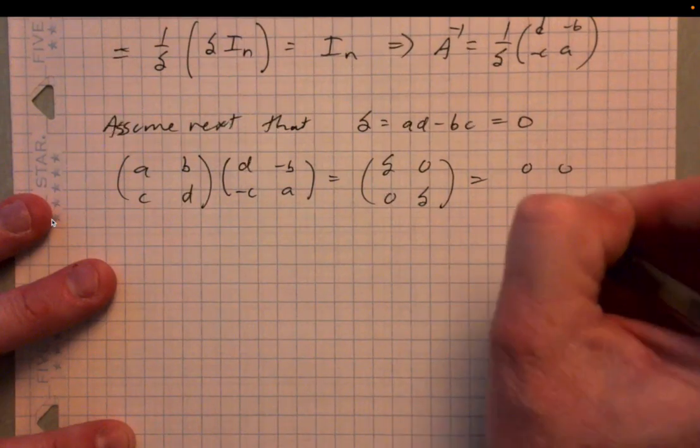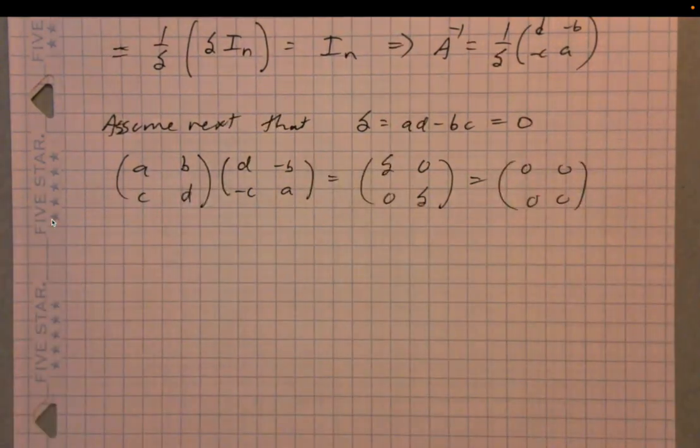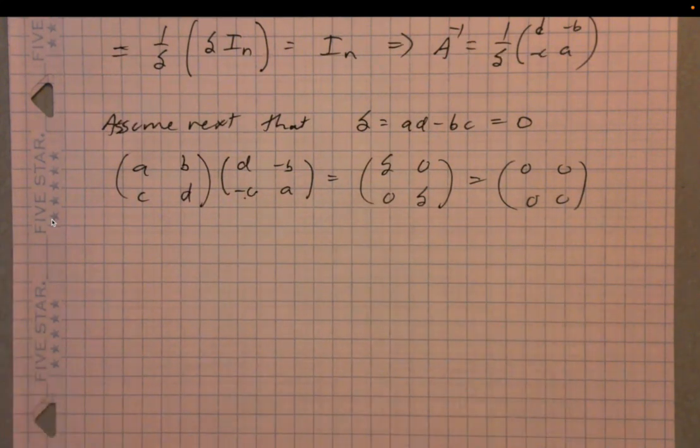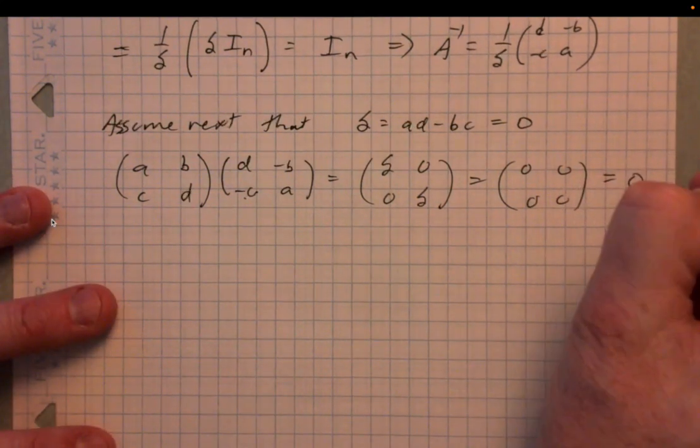But that's just 0, 0, 0, 0, isn't it? Okay, and so obviously this form doesn't produce an identity matrix because delta is 0. Okay, so this is just a 0 matrix.